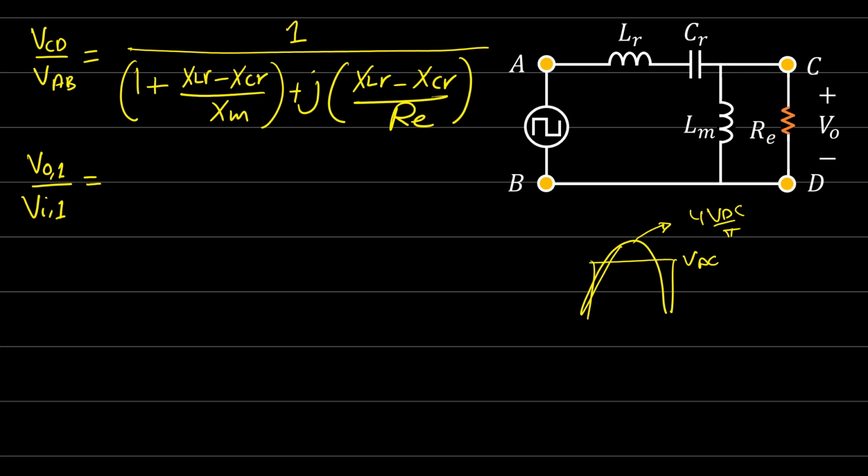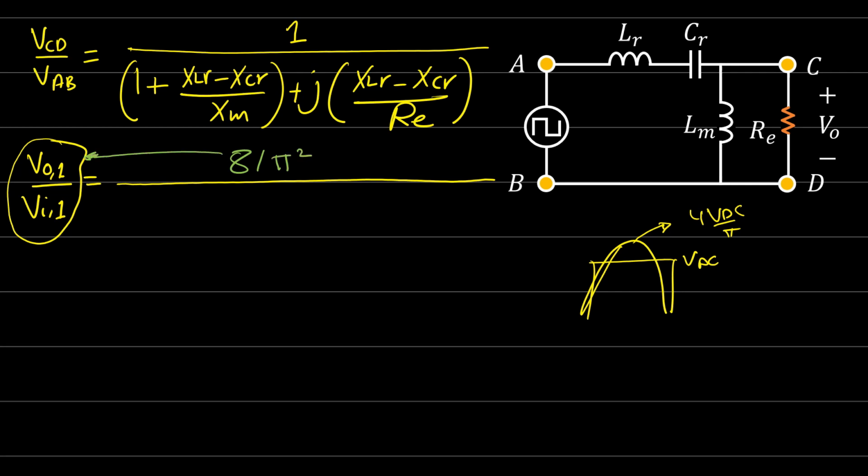So this will be 8 over pi squared. This came from the relation between Vout over Vin. And then this term will be the same, 8 over pi squared.